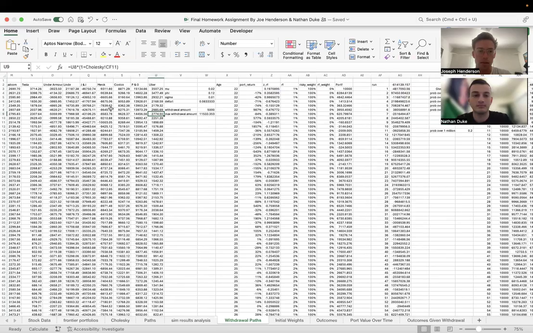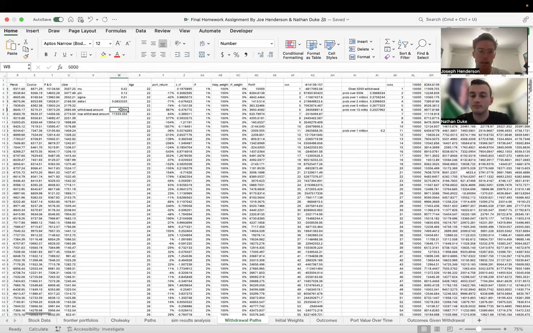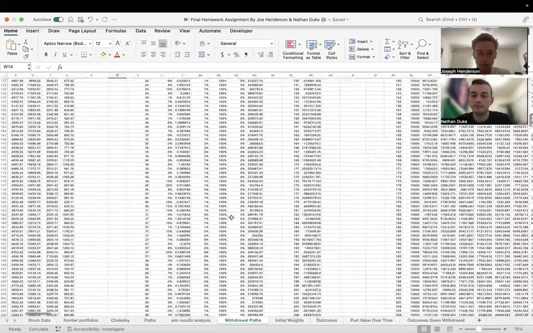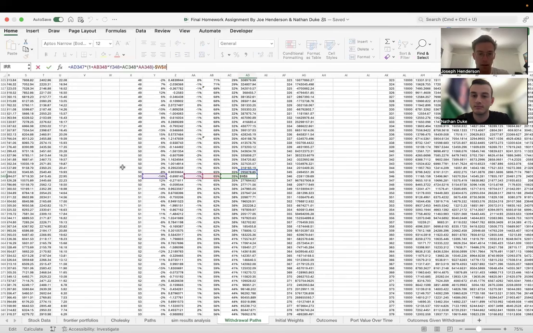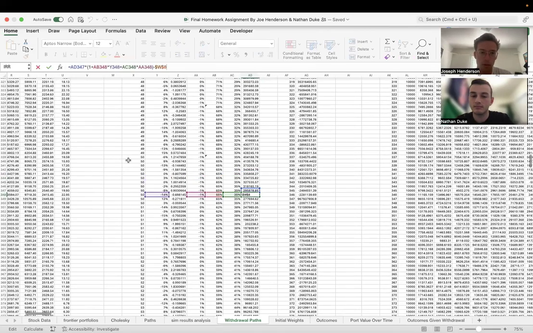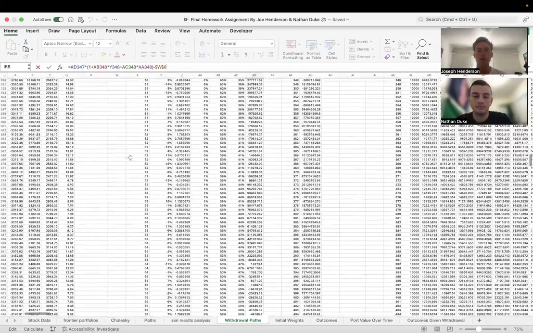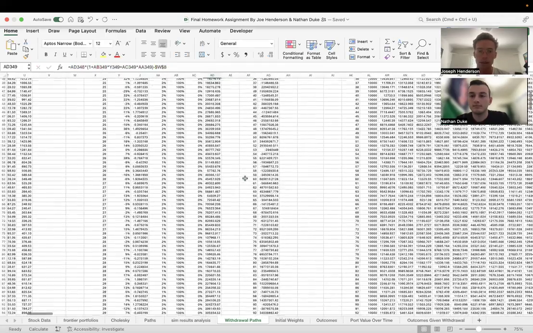So this is a very similar analysis, pretty much exactly the same, except now we have a withdrawal amount here, and starting at the age of 50, we're minusing off that withdrawal amount every month as the client would like to take out $5,000 a month. So that changes a little bit of the arithmetic here.